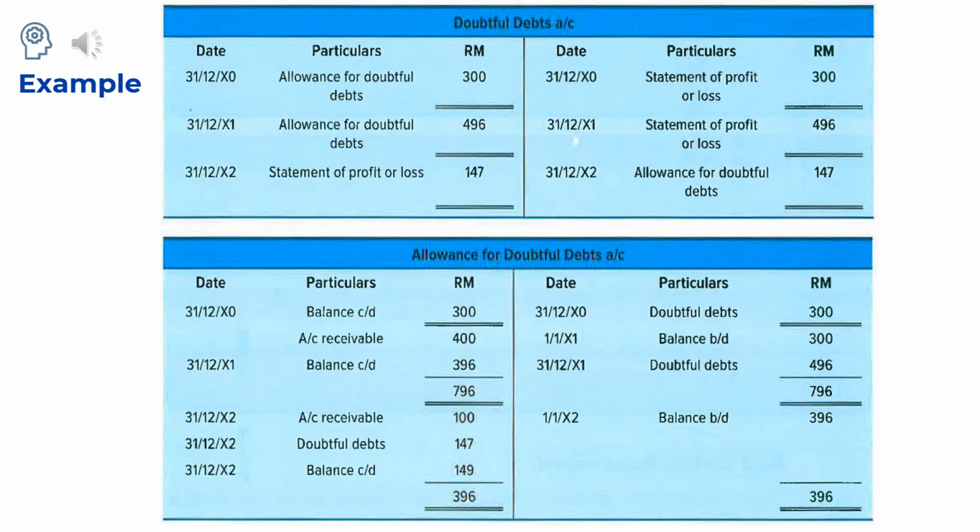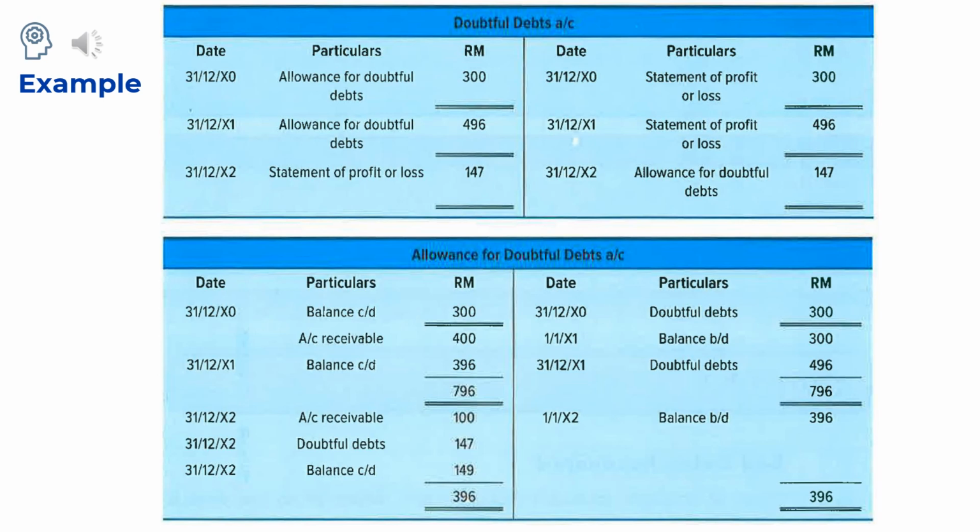Okay, noted here in the calculation of allowance for doubtful debt, we start with the balance BD from last year, which is 396 from 20x1, and then we have a bad debt written off of 100 ringgit, and then after calculation of balance CD from 1% of the account receivable balance after deducting the bad debt written off 100, it gets 149, and then as the balancing figure, it is 147 to be transferred to the doubtful debts account.